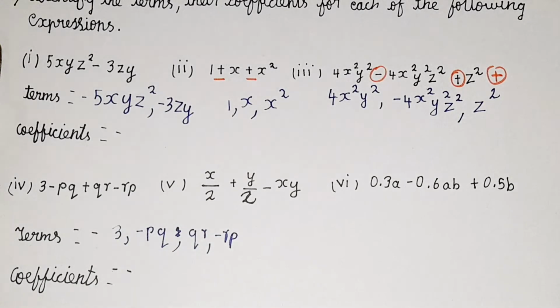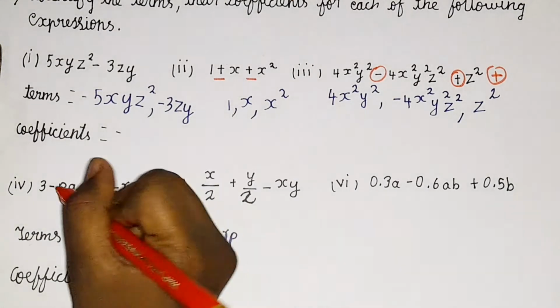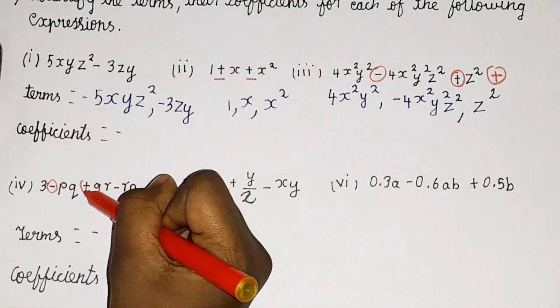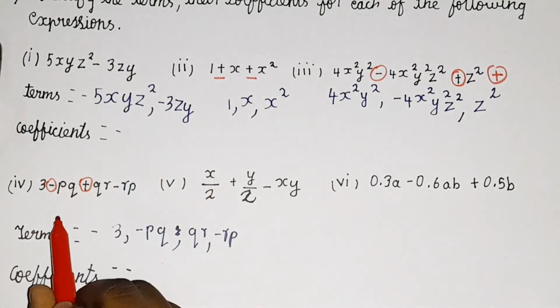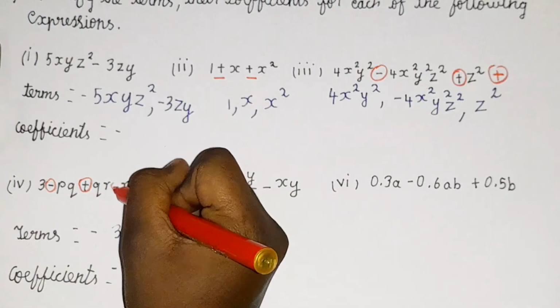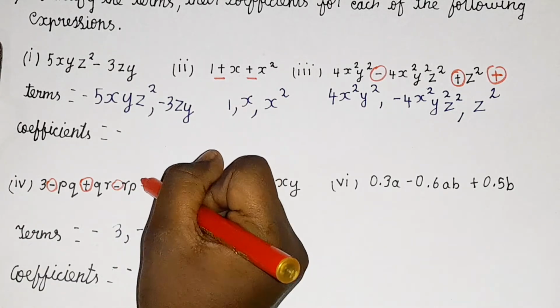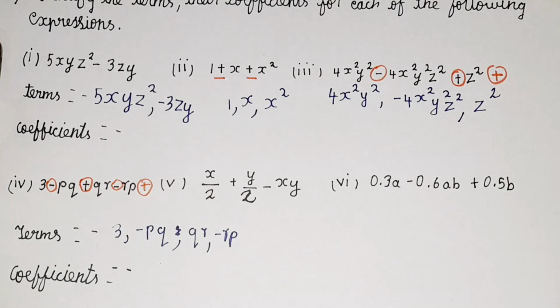How do I know this? This minus is splitting the 3, this plus is splitting the PQ, this minus is splitting the QR, and the invisible plus is splitting the RP. So these are the terms.